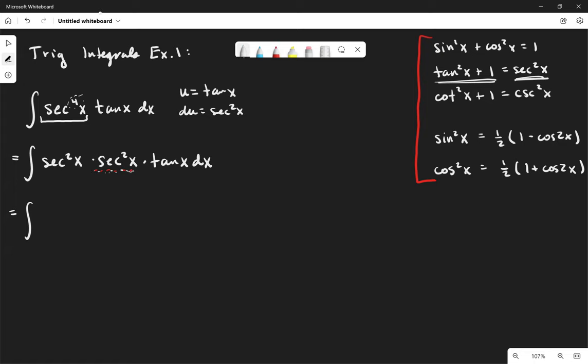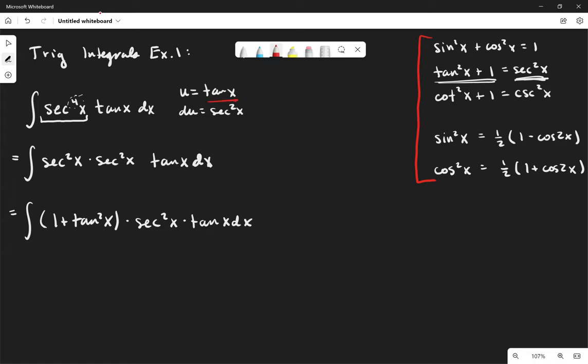This secant squared I'm going to keep because that's going to go away. The other one I will rewrite as 1 plus tangent squared, times secant squared x times tangent x dx.